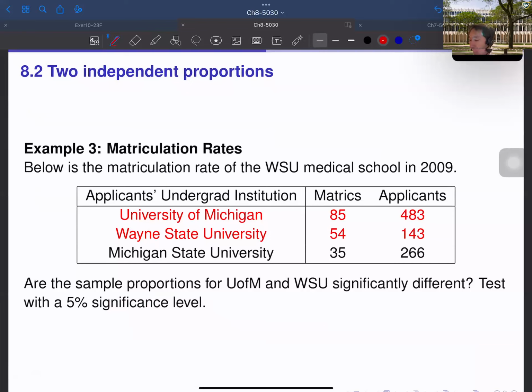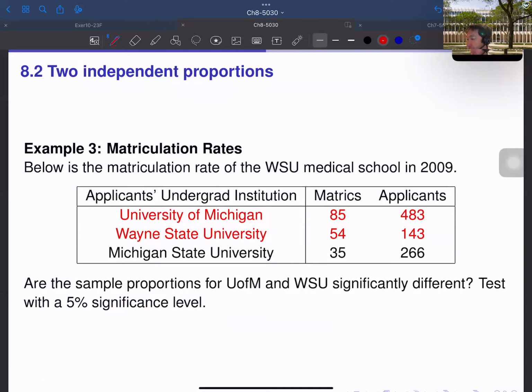This is from real data. I think until about 10 years ago, Wayne State University published matriculation data for medical school. So we know how many applicants came from each undergraduate institution and how many actually enrolled in the medical school.